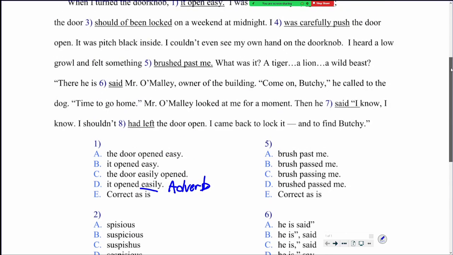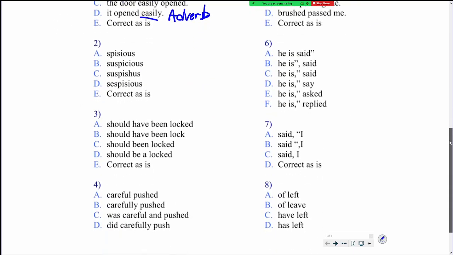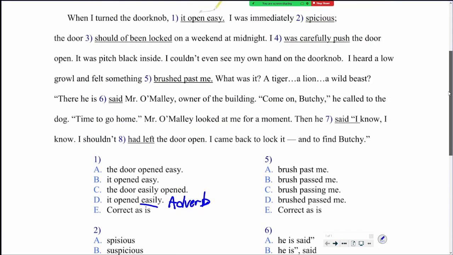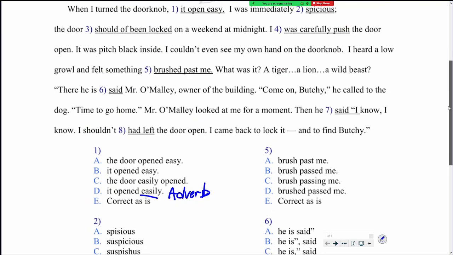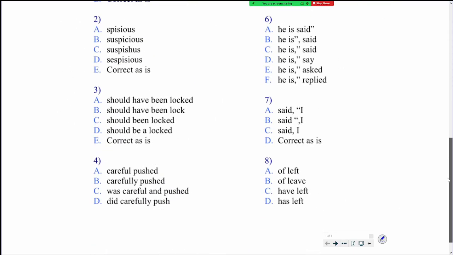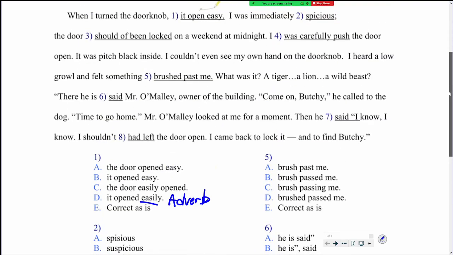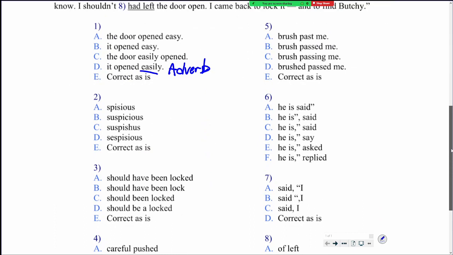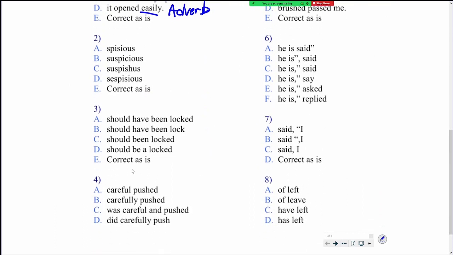Number 4. I was carefully pushed the door open. I carefully pushed. I was careful and pushed the door open. I did carefully. I would say C is grammatically correct.